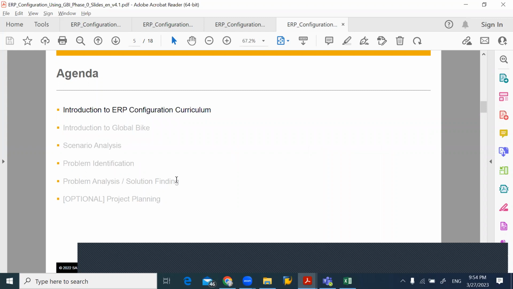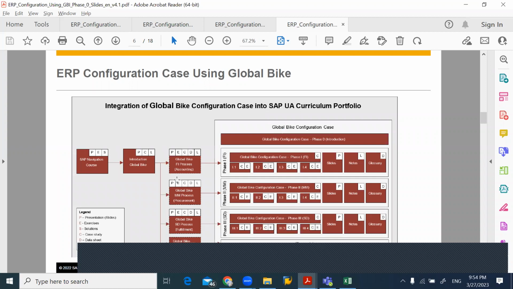So let's have an introduction to the ERP configuration curriculum. We will be focusing on finance only. This is the scope of this ERP course. But we do have material management and sales and distribution processes also available.